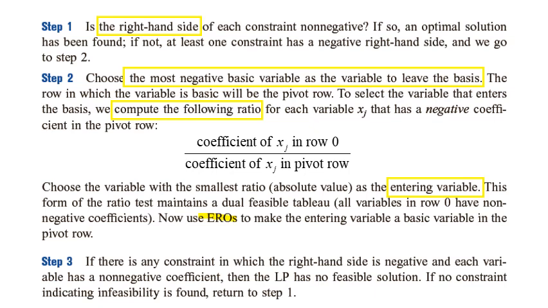Once we have done that, we go to step 3 and decide whether the problem is infeasible or we need to do more iteration. So going back to step 1, see if there is any negative right-hand side, go to step 2, and so on. So these are the 3 steps in dual simplex. Looks like the steps are long, but you will see later that it is quite simple actually.